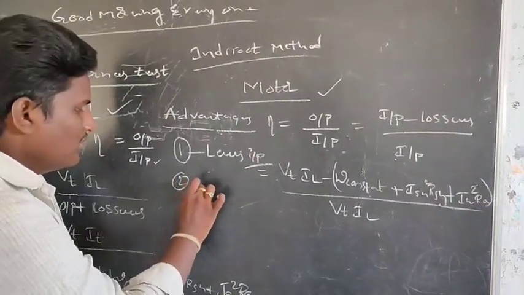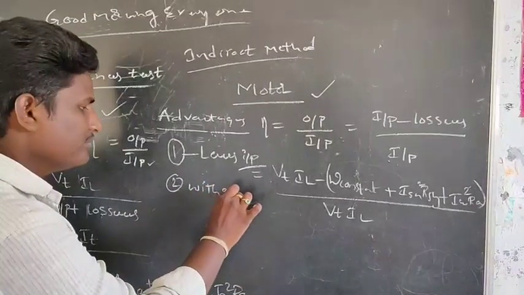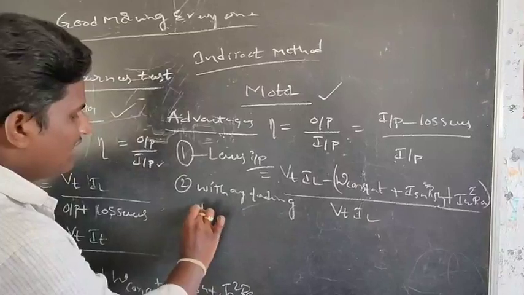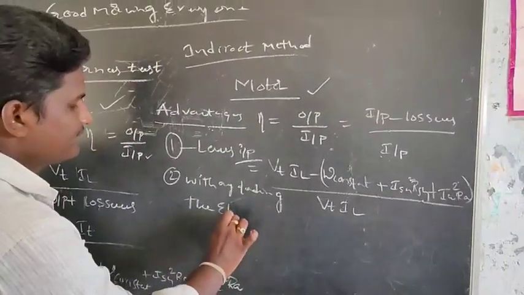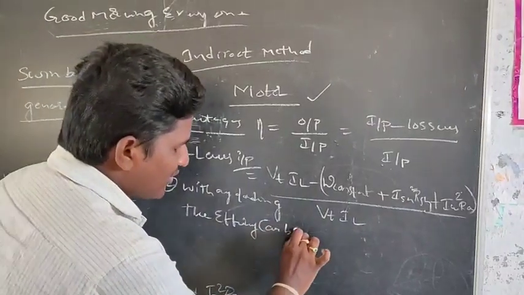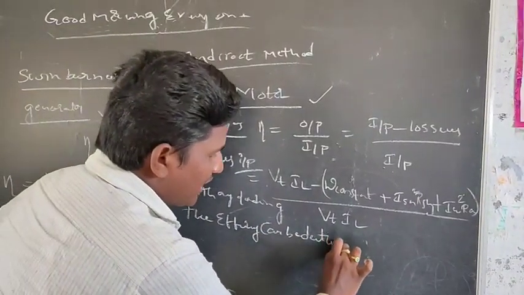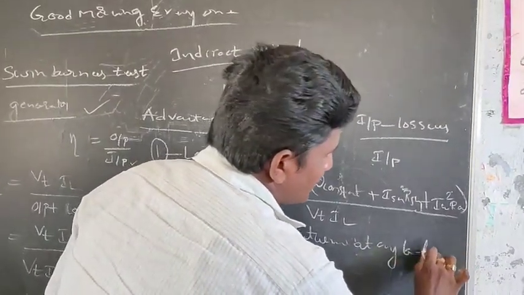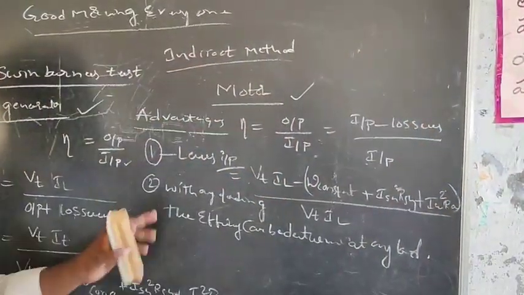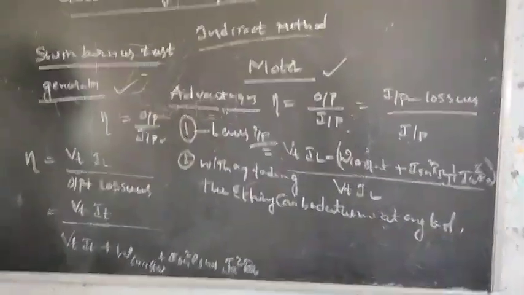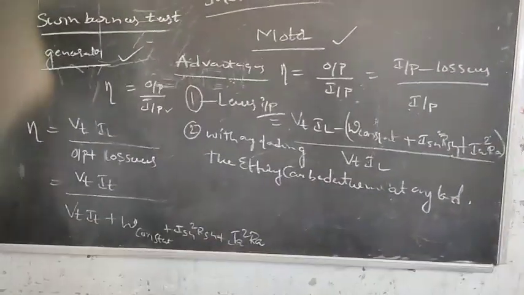Without any loading, the efficiency can be determined at any load. That means without any mechanical loading, we can determine the efficiency at any load. That's why it is called a predetermination test.